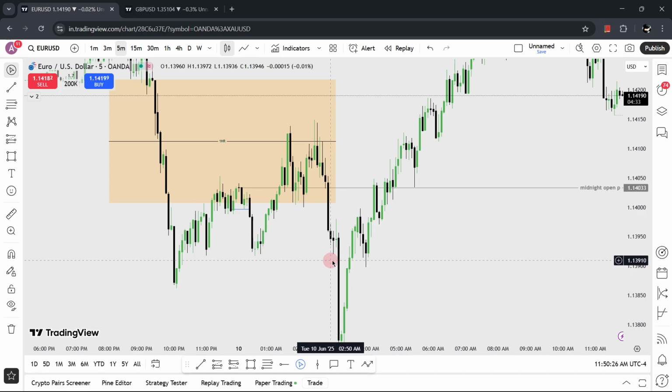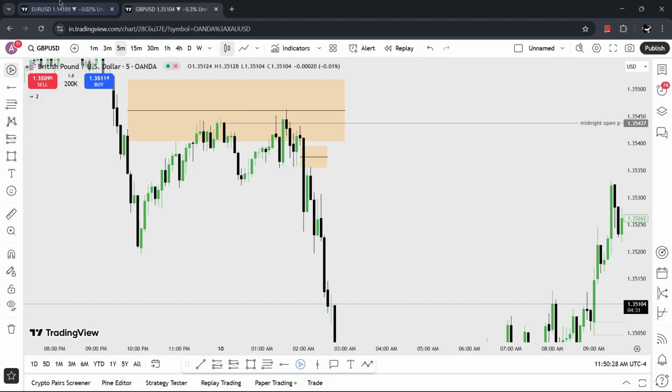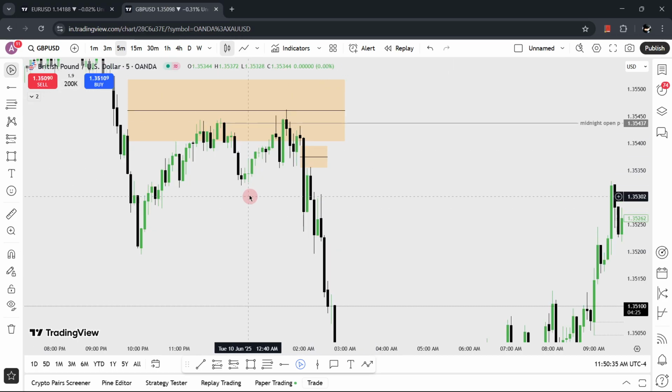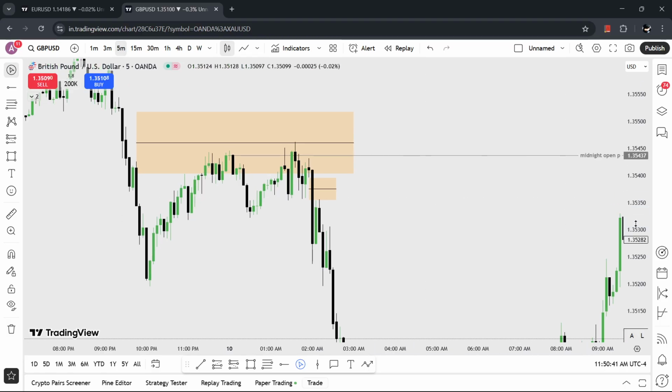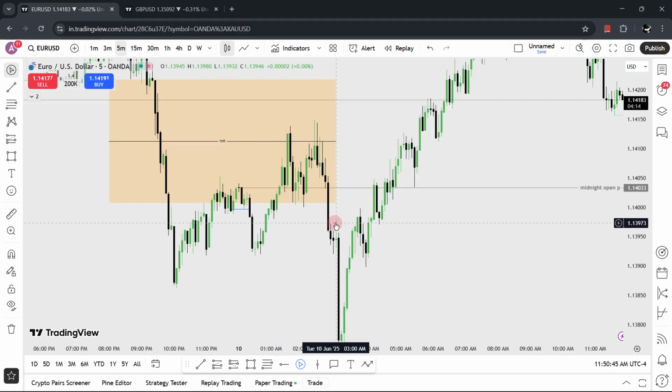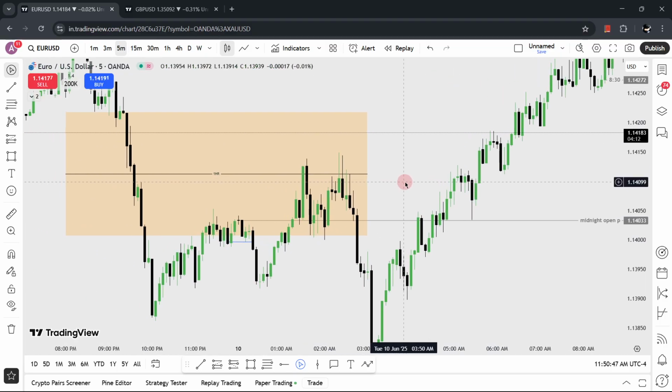It was not able to give the structure shift either. So I think you got this. That was not taken out at that time when GU took out this low. So we will be going to a smaller time frame. Let's go closely, I mean, how I traded it.